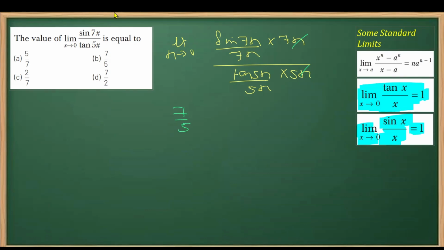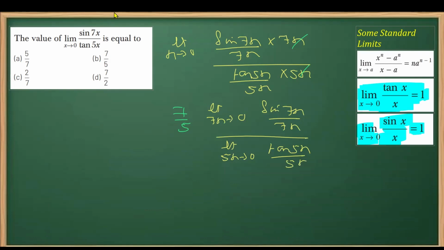In the numerator, since x tends to 0 implies 7x tends to 0, this is sine 7x over 7x. And below, if I apply the limit separately, as x tends to 0, 5x also tends to 0, this is tan 5x over 5x.